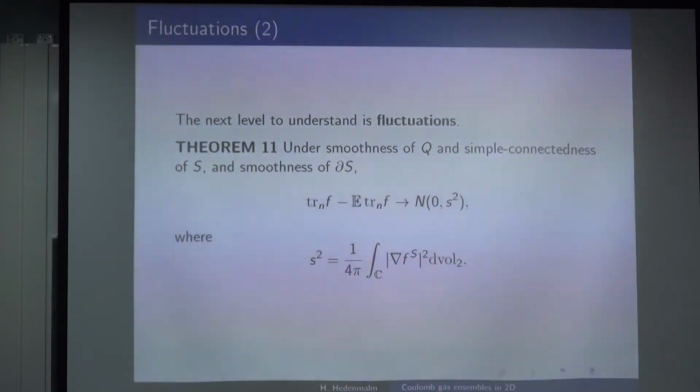Okay, now on to the fluctuation theorem. If you take the trace and you remove the expected value, this tends to a normal distribution, and the normal distribution has this variance. So remember what we have to do.